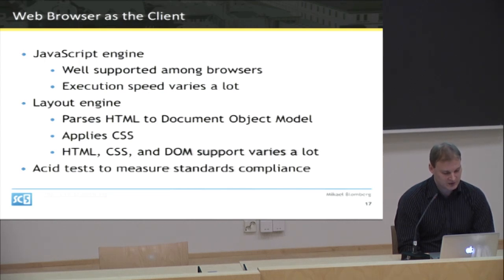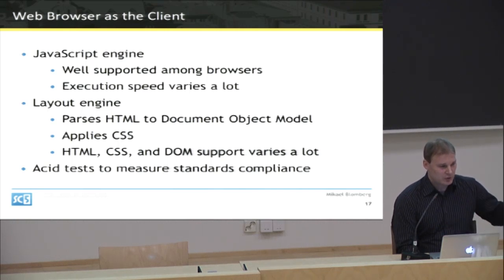Now this transformation is kind of slow, and it's also interactive. And that means that if you have a variable pointing to something in the document object model, and then you change something, everything else changes as well.